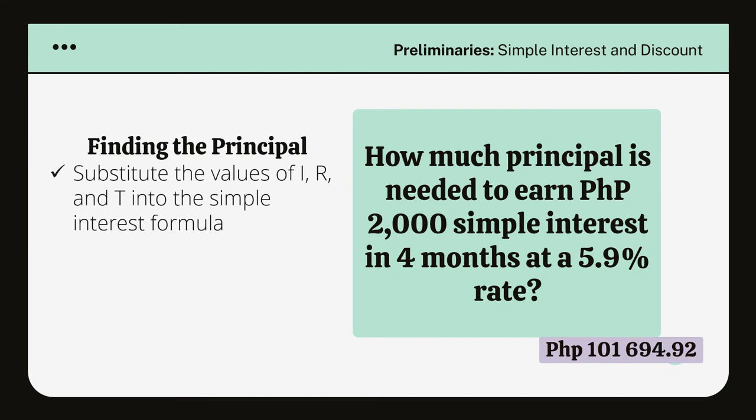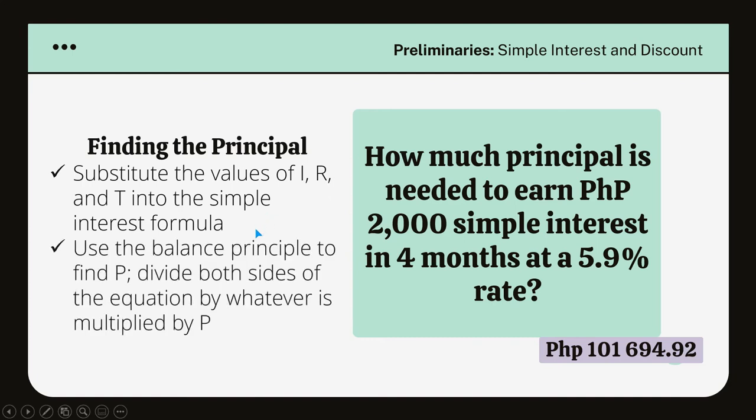So in looking for the principal, you need to substitute the values of I, R, and T into the simple interest formula. And of course, use the balance principle to find P. So you divide both sides of the equation by whatever is multiplied by P. When we say balance principle, it's the same way as saying that we are deriving. Okay? We need to derive the formula for finding P so that we could properly find P.